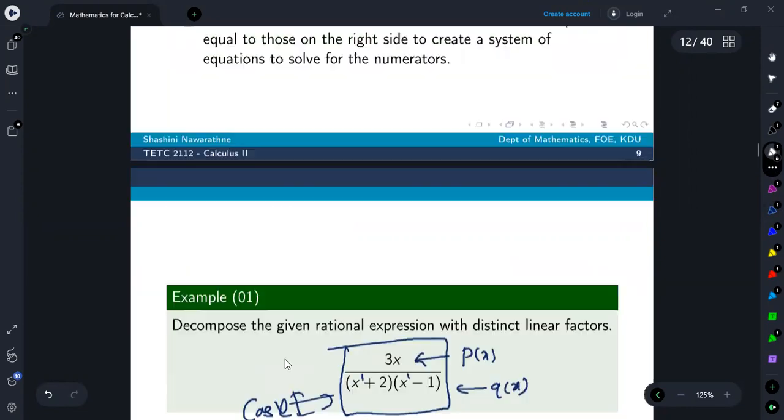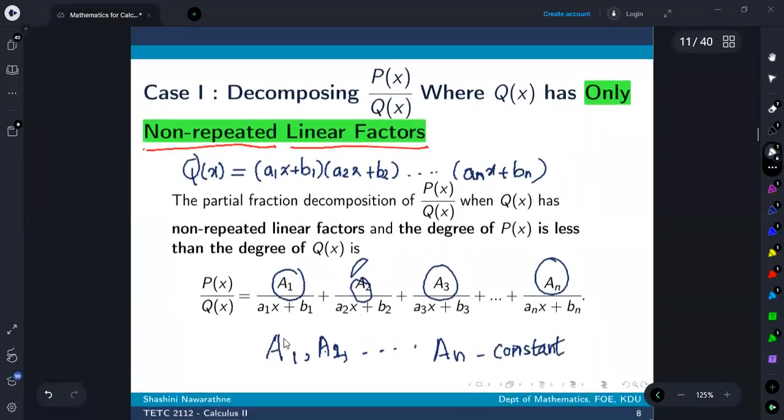So I will go back to the theory part. Here we can see that if we are asked to find the partial fractions in case 1, we need to write the expression to obtain partial fractions.